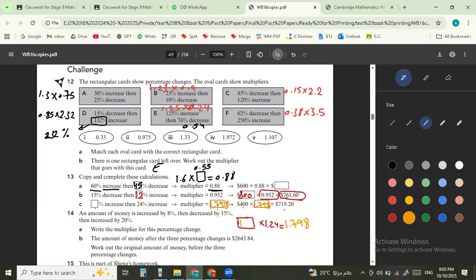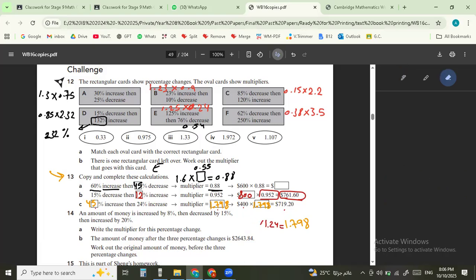So this is 1.45, which is an increase by what percent? Yes, 45%. This multiplier comes from an increase of 45%, which gave me 1.45 as a multiplier. This question is tricky. It just requires a lot of concentration and a lot of manipulation as well. Okay, let's continue here with the next question.